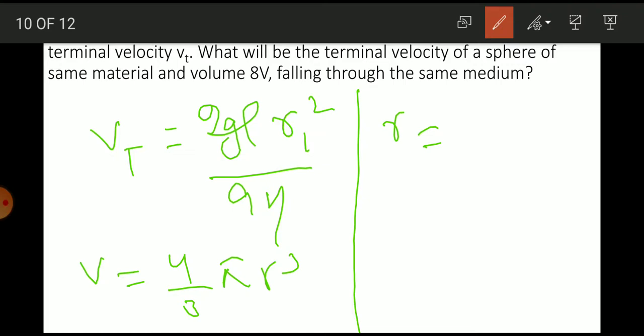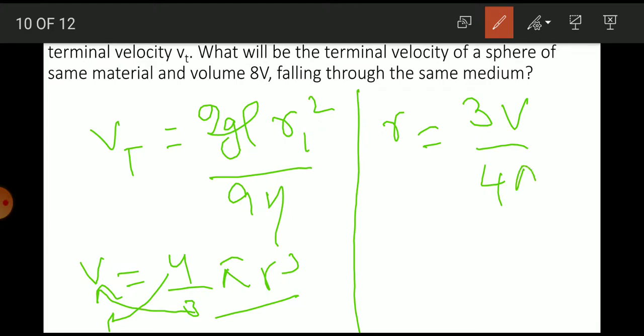So radius will be equal to 3V divided by 4 pi, whole power 1 by 3, because it is radius cube, so you will take the cube root.